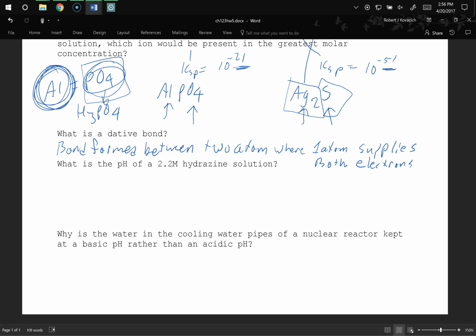No. It's not a strong base. So if I take the negative log of it and get my pOH, that's not right because it didn't all fully dissociate. Hydrazine is a weak base. So somebody have the hydrazine KB? Okay, so like 1 out of every million of these guys separate out.